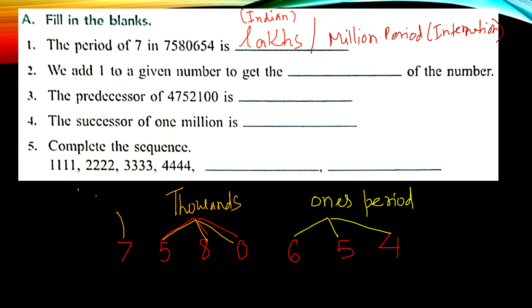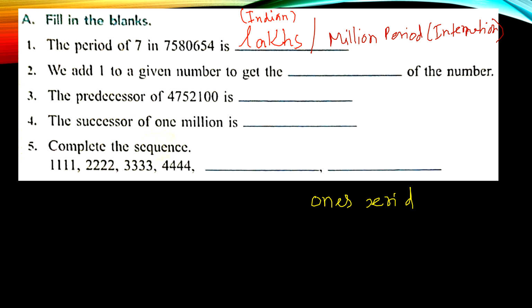The next question is: we add 1 to a given number to get the dash of the number. When we say add 1, for example 5 plus 1, you will get 6. 7 plus 1, you will get 8. So what exactly is happening here?